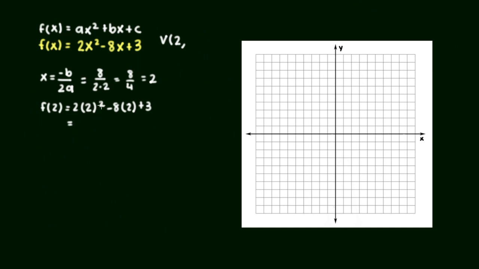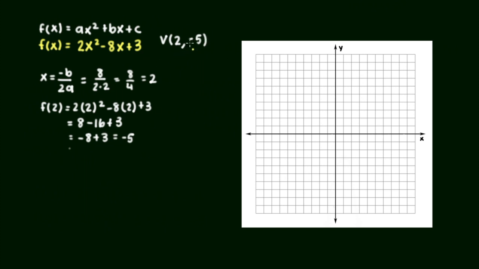So 2 squared is 4. 4 times 2 is 8. Negative 8 times 2 is negative 16 plus 3. So we have 8 minus 16, which is negative 8, plus 3, which will get us negative 5. And that will be the y value of our vertex.